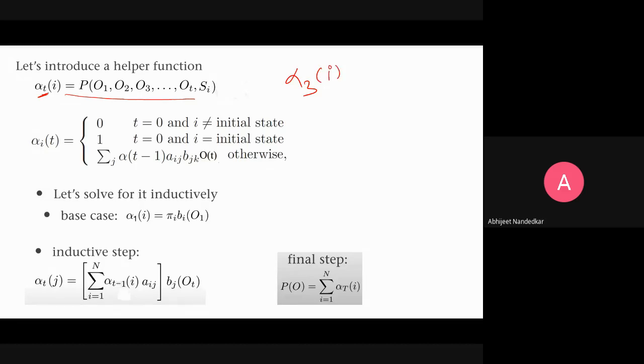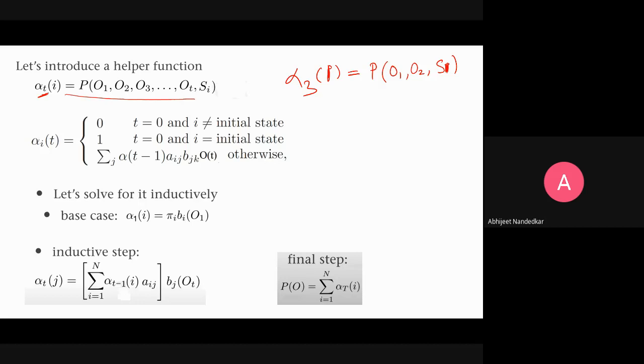Then i stands for the ith state. So this alpha is the probability that I observe symbol O1, symbol O2, and am in state Si.